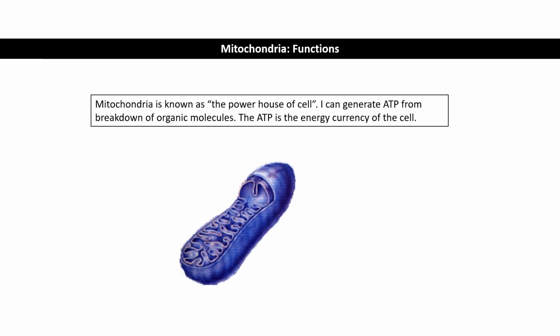Now this is how the breakdown happens. It is a simplified example, that is the mitochondria in the presence of oxygen. So this is all aerobic, obviously, and the organic molecules are broken down, or digestion of these molecules happens, in the matrix of the mitochondria in the presence of oxygen, as a result of which ATP gets released.